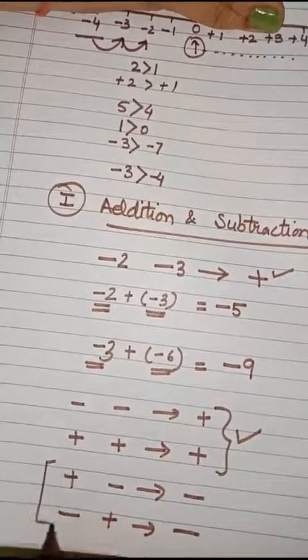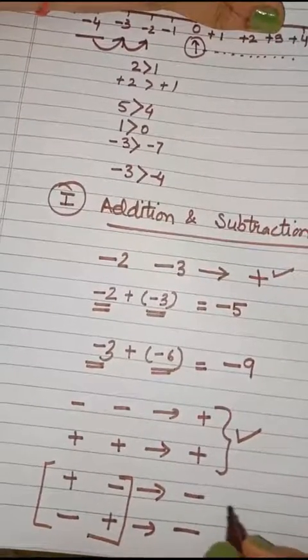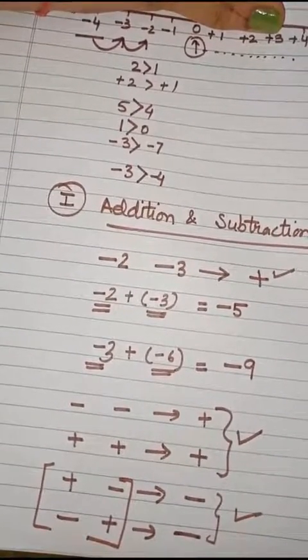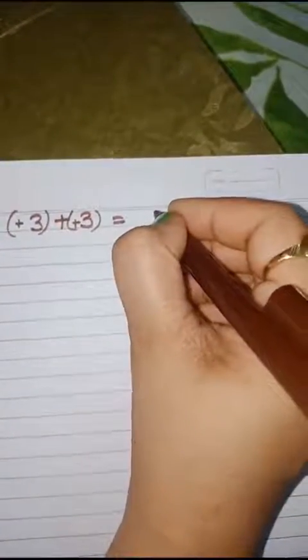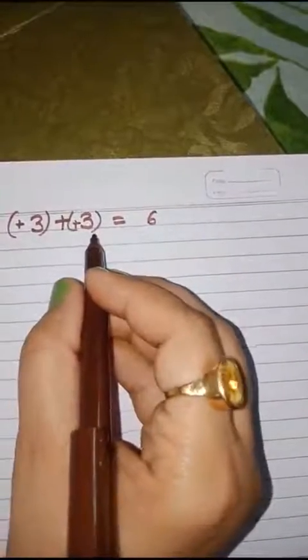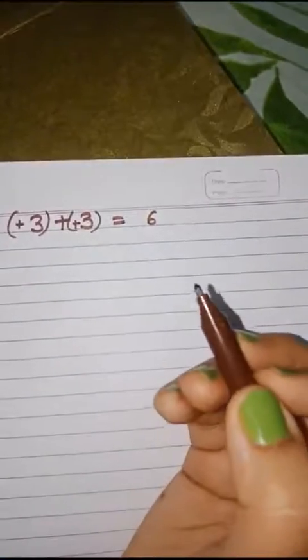If numbers are of different signs, then we will perform subtraction. I'll show it with an example. For example, 3 plus 3, that means two positive integers, plus plus is plus, that is 6. Both are the same, so the symbol will be plus.